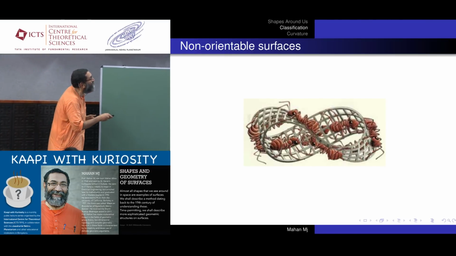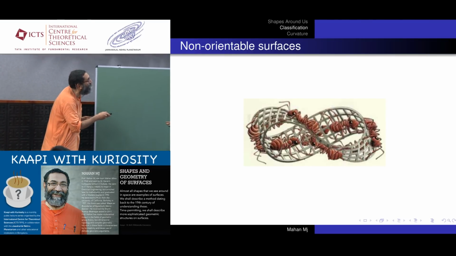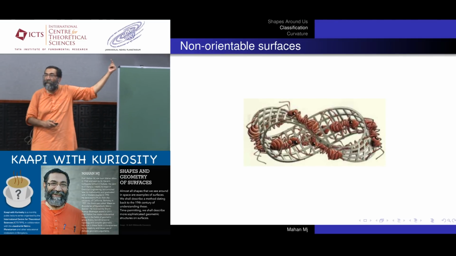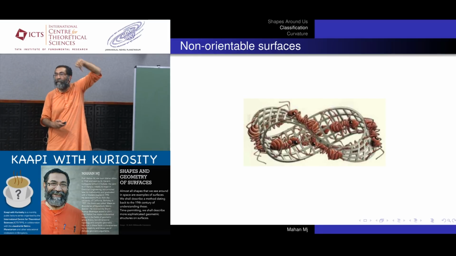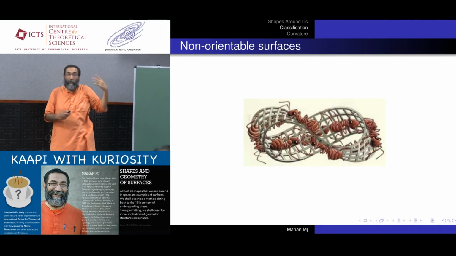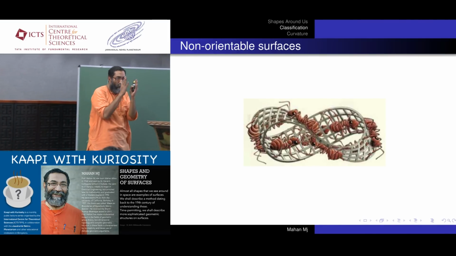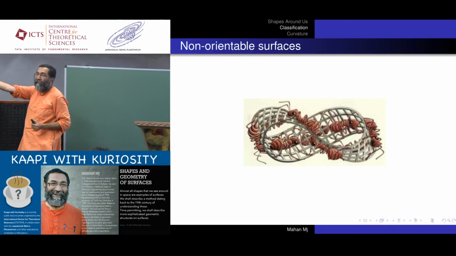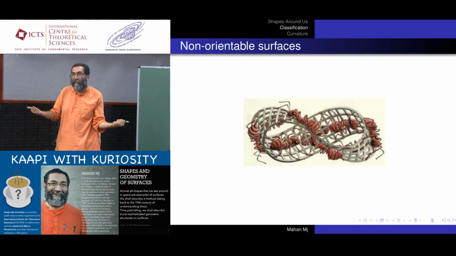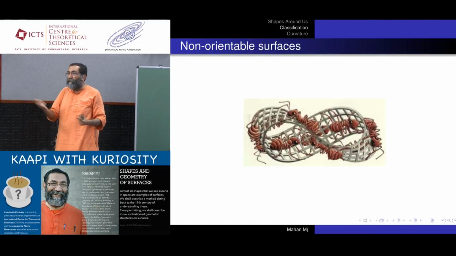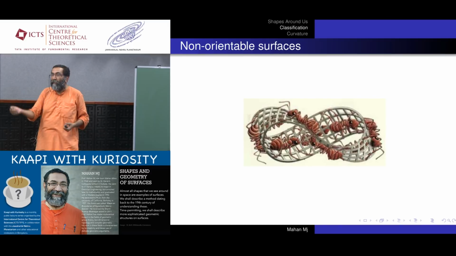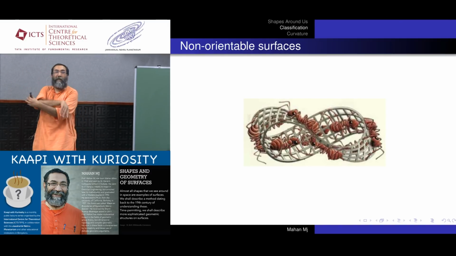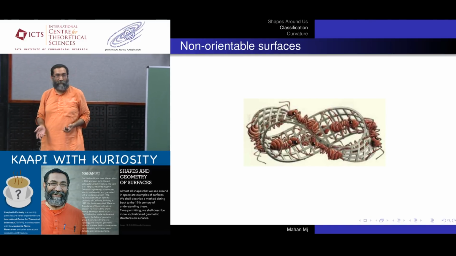So when this ant comes back to where it started from in terms of a point on the surface, what has changed? The normal direction pointing out of the surface has changed, yeah? So which means if you call locally one direction as outside and one direction as inside, this is a completely ad hoc definition on this particular surface, because when you come back, the outside has gone to the inside and the inside has gone to the outside.